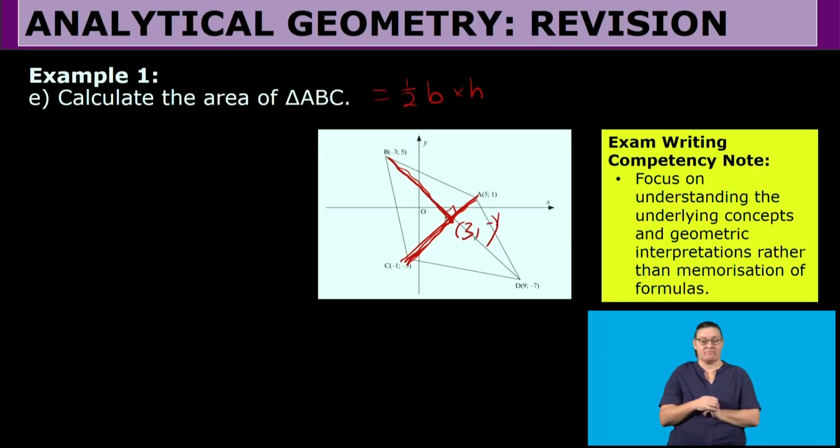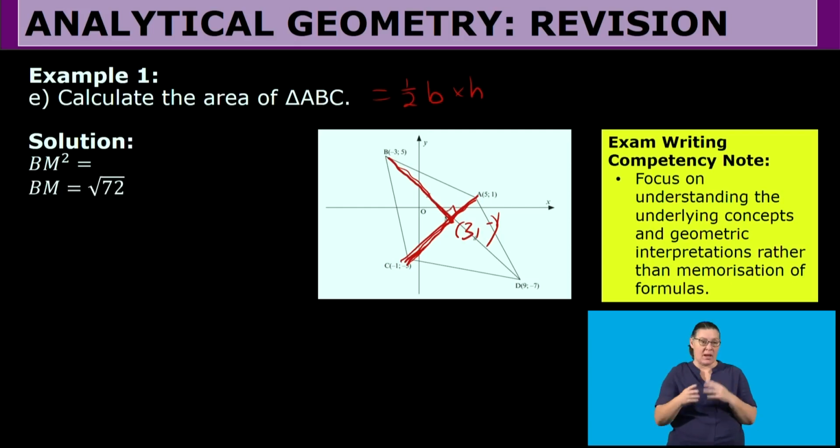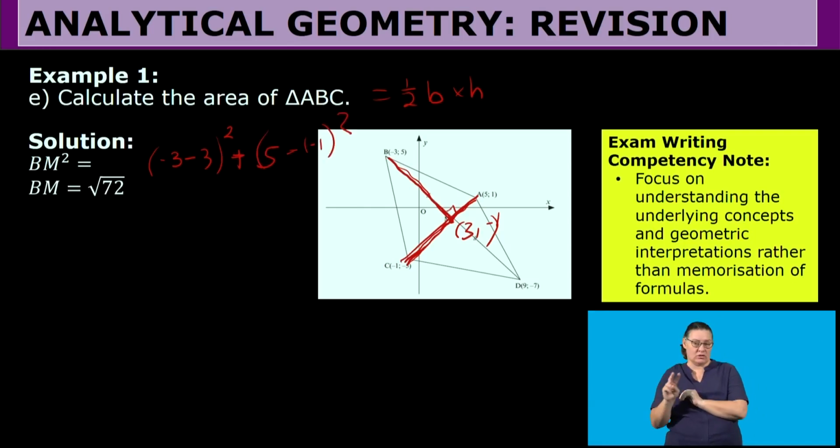So we're going to use our distance formula, and we'd say BM squared is going to be, using your distance formula, -3 squared plus 5 minus 1 squared. Okay, so that's just a straightforward substitution into your distance formula. When you simplify all of this, you will end up that BM is going to give you the root of 72. So that's root 72.